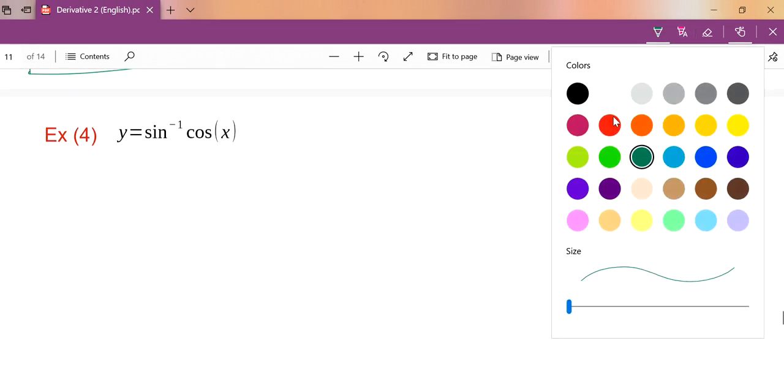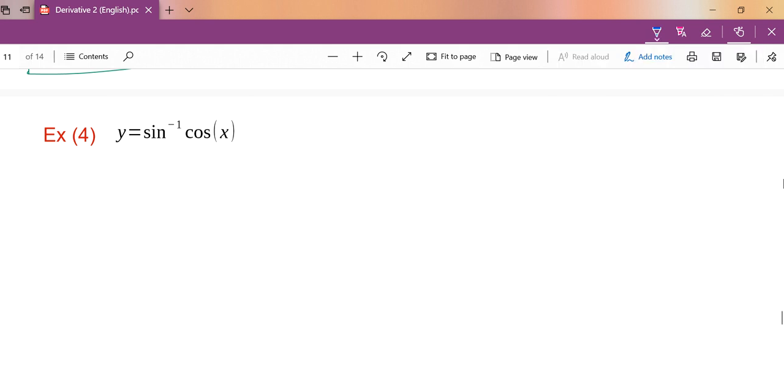Another slightly different problem, let's try to see. What do you think? Can you draw the graph of this? It shouldn't be difficult. You can write this as sine of pi by 2 minus x, and start drawing if you know the graph of sine inverse of sine x.